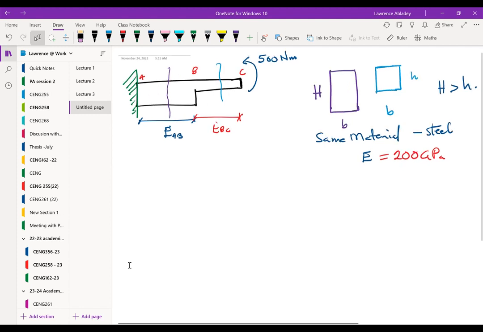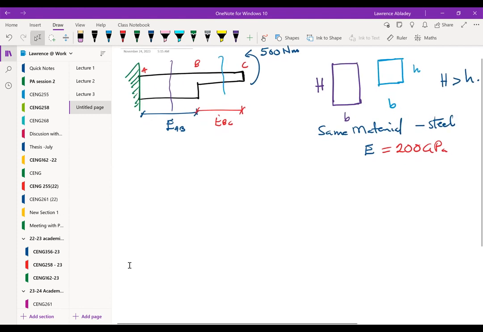But because they have different sizes or different cross sections, the moment of inertia for AB and the moment of inertia for BC will not be the same. So along the length of the beam, the moment of inertia will change.